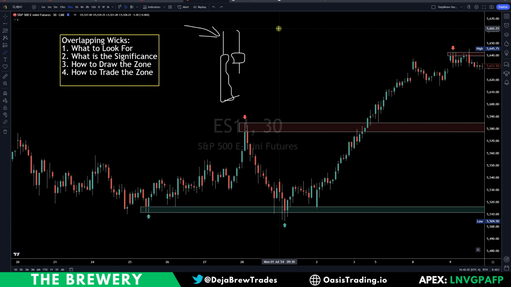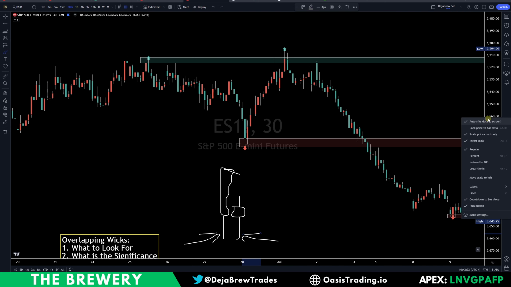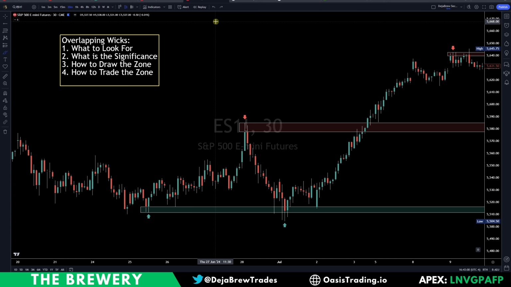When we see that confirmation with these overlapping wicks, that tells us that that sell pressure, or if we flipped this, that buy pressure, is very significant.